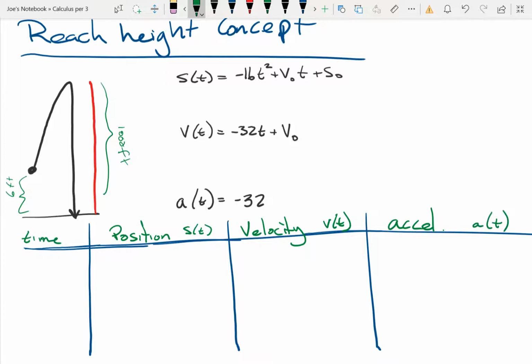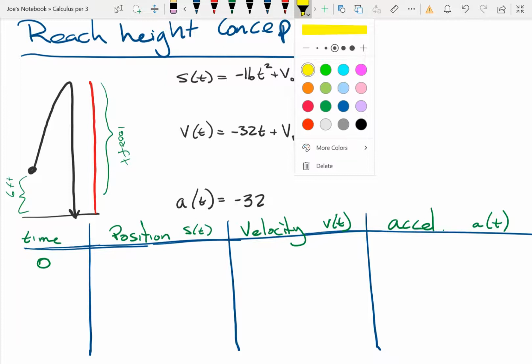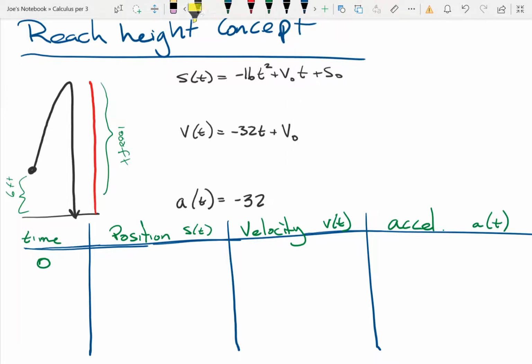So let's take a couple of key points here. We're looking at time 0 right now, just as the person launches it. I want to find out, can I add a highlighter here? Oh, I see why I can't see it.